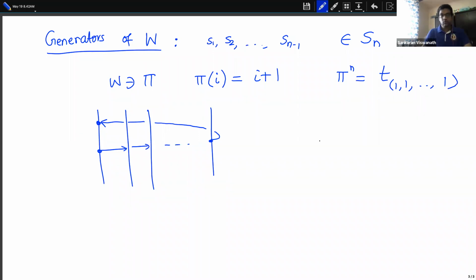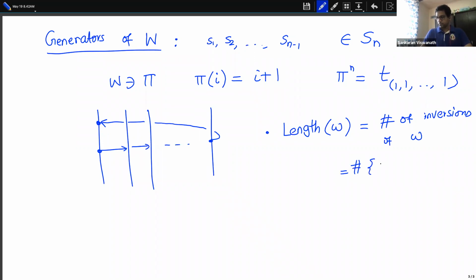Okay, now two other notions which maybe Raghavan did not talk about: length. So the length of an element w, in terms of its action on Z, is just the number of inversions in the usual sense, which means the number of pairs i less than j such that w(i) is bigger than w(j), except that now i and j both run over all the integers.